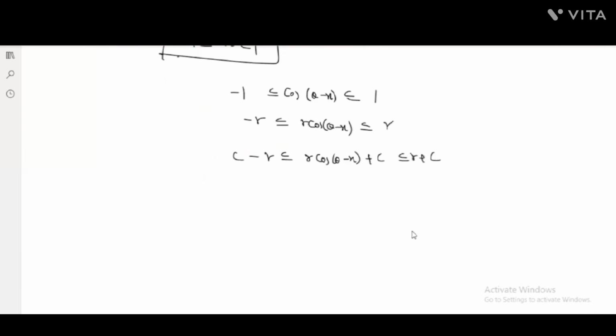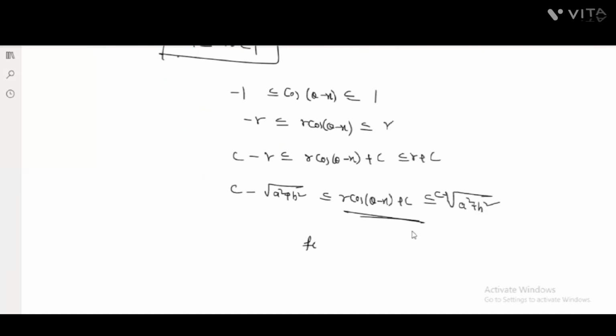With the value of r, root of a square plus b square, it lies between c minus root of a square plus b square and c plus root of a square plus b square. So this is our function f of x.